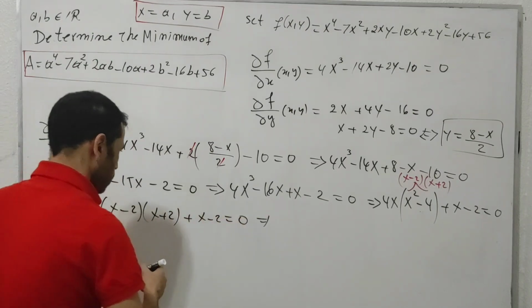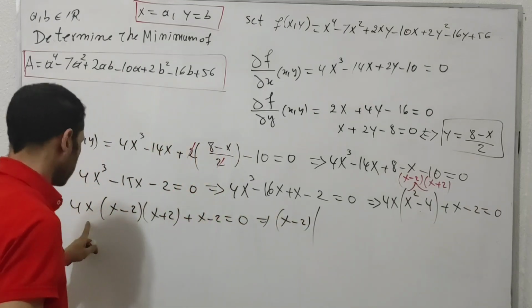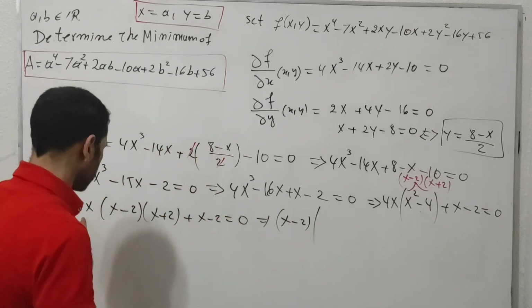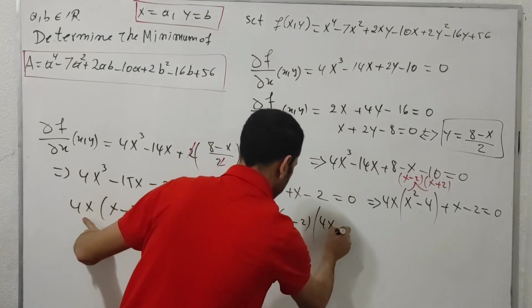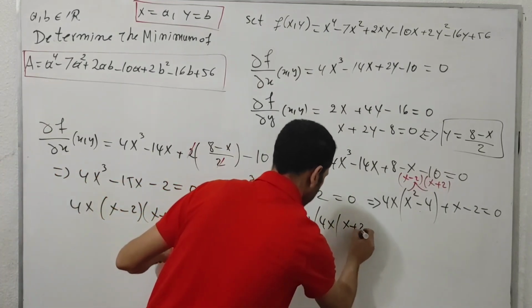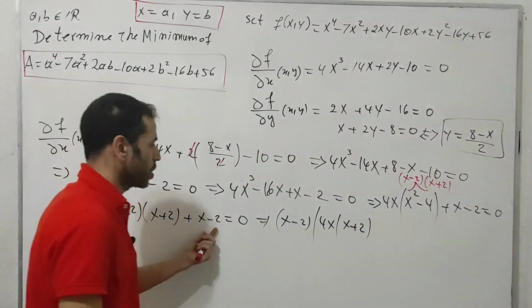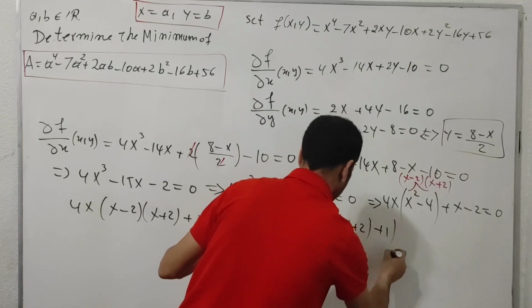0, okay. x minus 2 as a common factor is multiplied by these two terms, 4x and x plus 2. This x minus 2 is multiplied by number 1 plus number 1, okay.